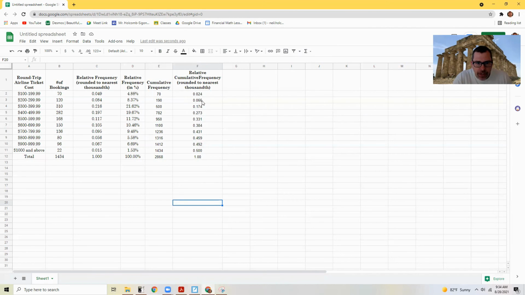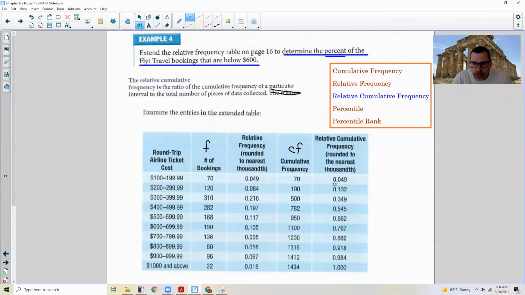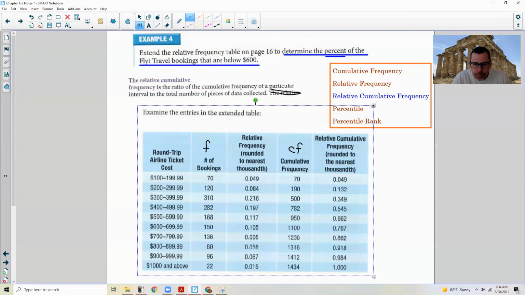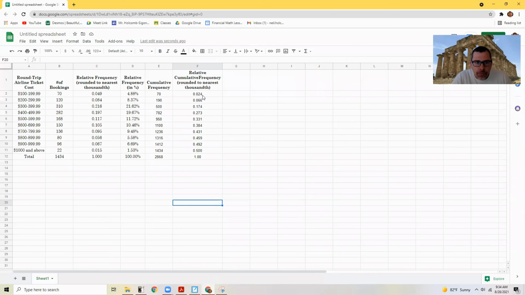Okay, that's not correct. 0.024, and I only got out to 1 here. So what's going on there? So let me go back. So this should equal that. This should equal this. I need to start there. That's where I went wrong.